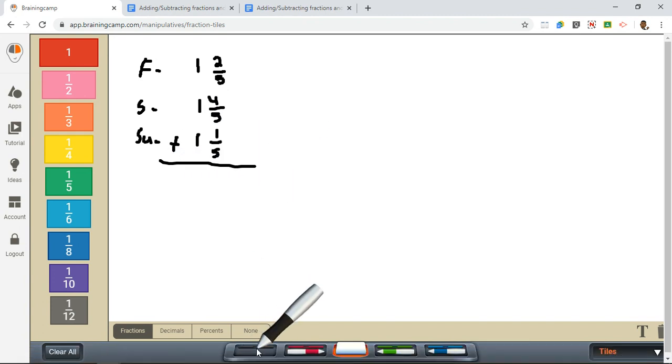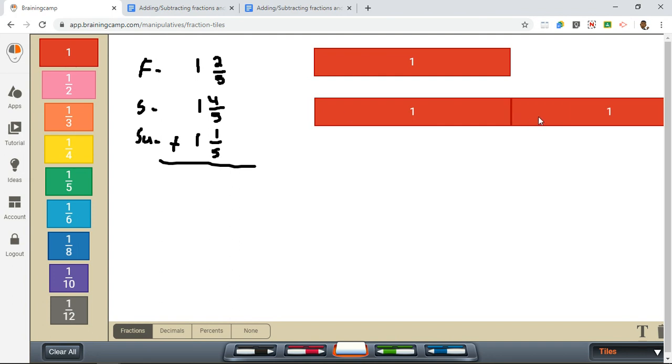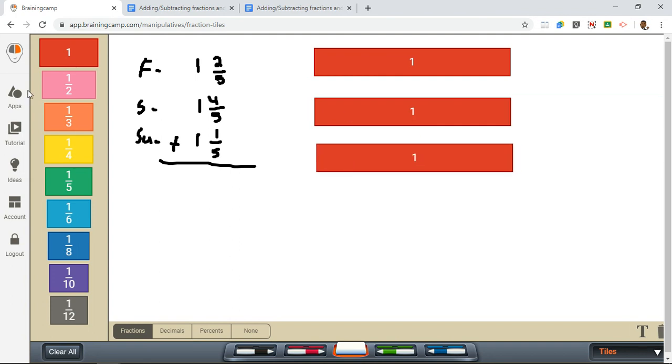All right. So again, if I were to use some manipulatives, so there's 1, there's 1, and there's 1, and he did 2/5. So I'm going to come down here and find fifths. I'll put that up here. And then here's 4/5. 1, 2.